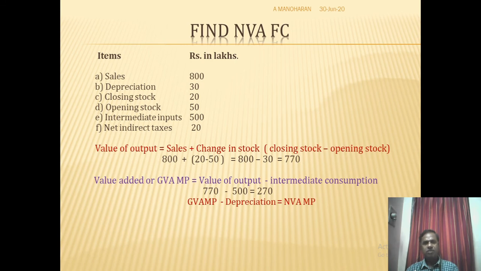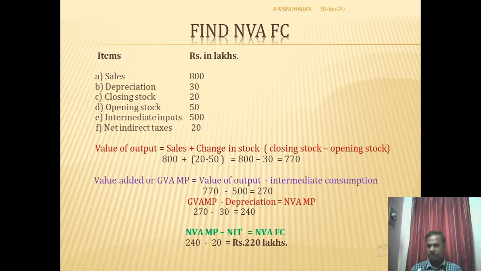Then GVAMP minus depreciation is NVAMP, 270 minus 30 is 240. Now, lastly, NVAMP minus NIT is equal to NVAFC, that is 240 minus 20, rupees 220 lakhs. That is the NVAFC. Right?